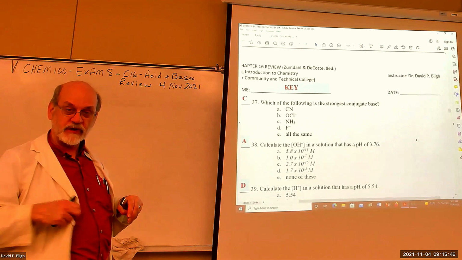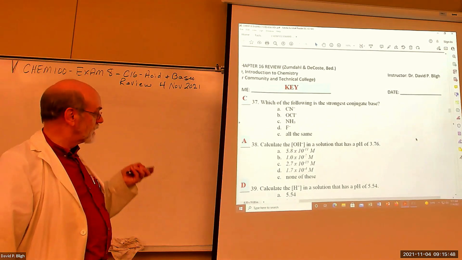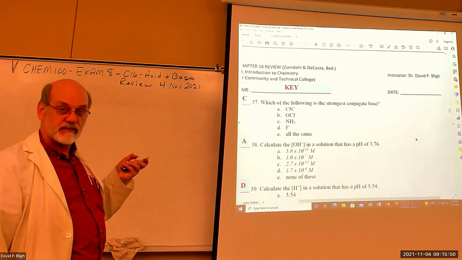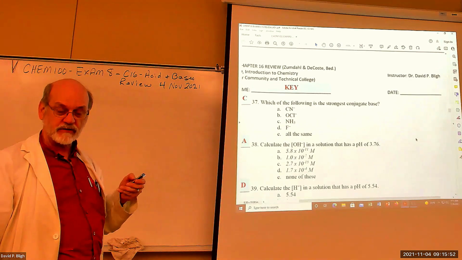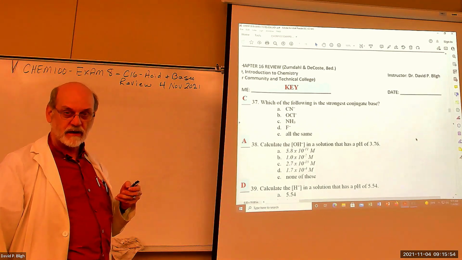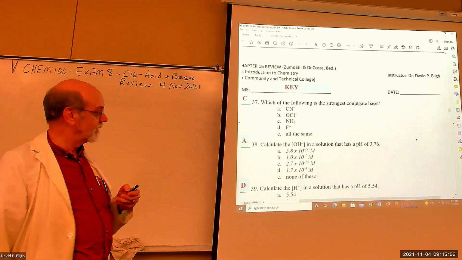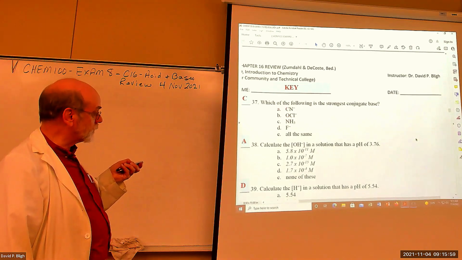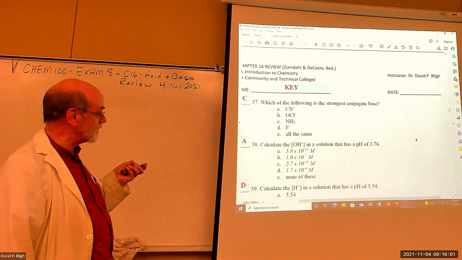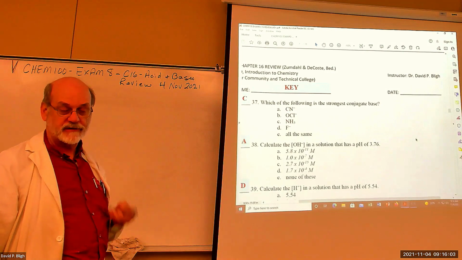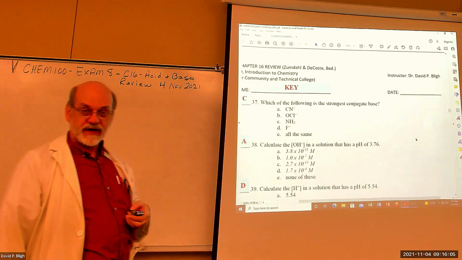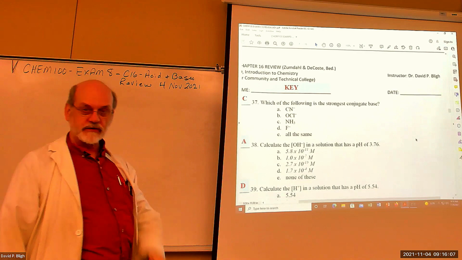The only difference between them is in the coefficients. NH4 plus has a slightly lower coefficient, which makes it a weaker acid. Right? So the coin toss would be between HCN and NH4 plus. And without that information, you can't tell exactly which one is which.